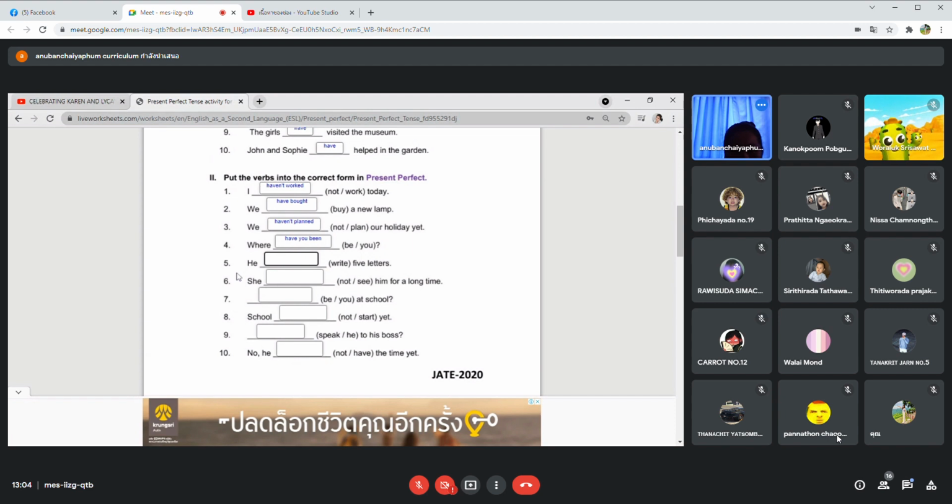So now, in number 5, he blank write 5 letters. So he, what should be the perfect tense? Has or have? Has. Okay, has. And what is the past participle of write? I showed this in the example.